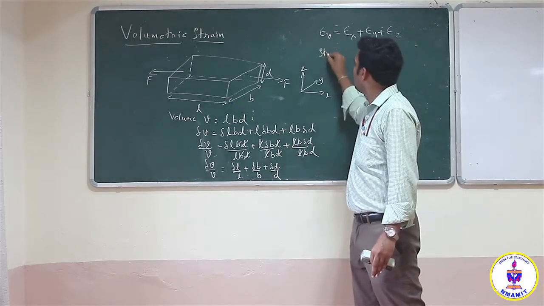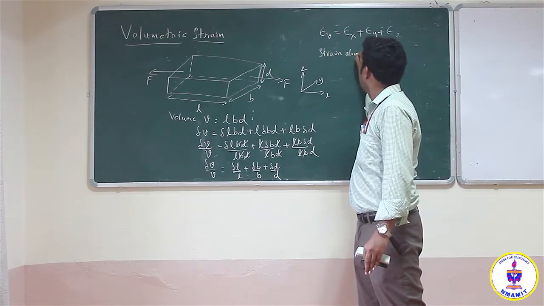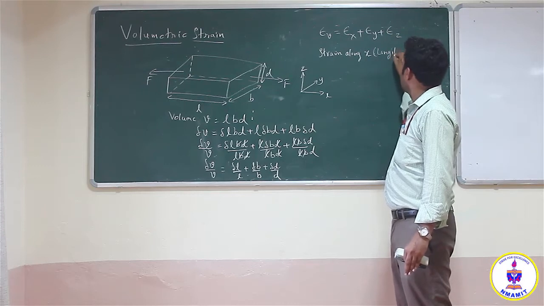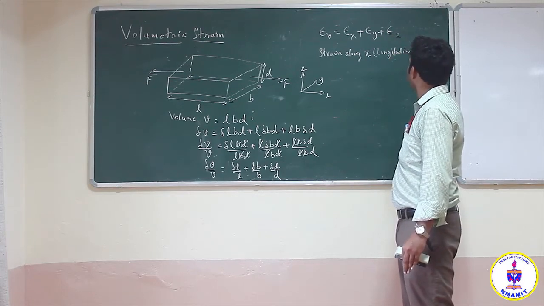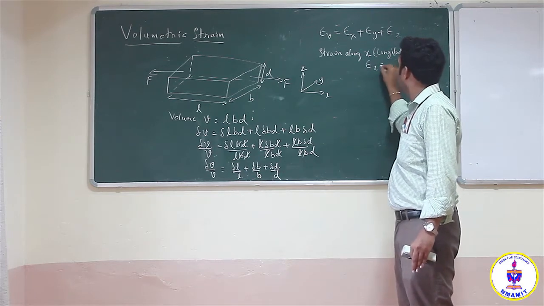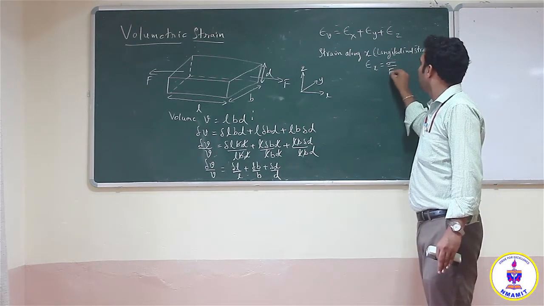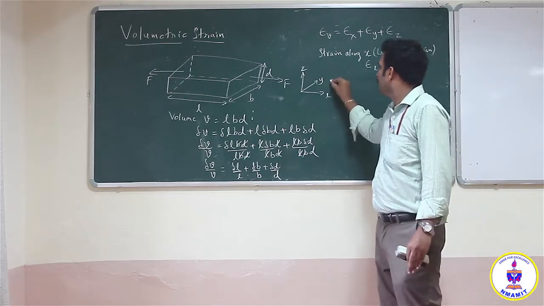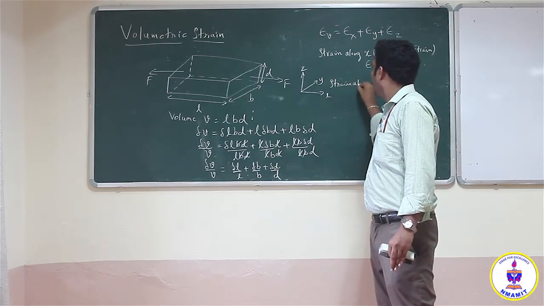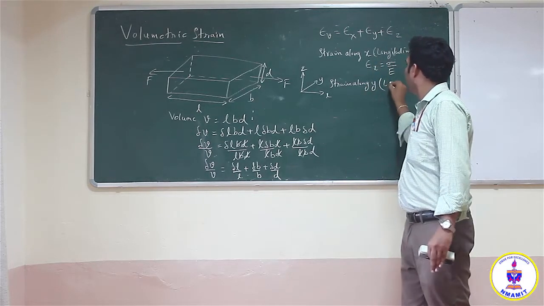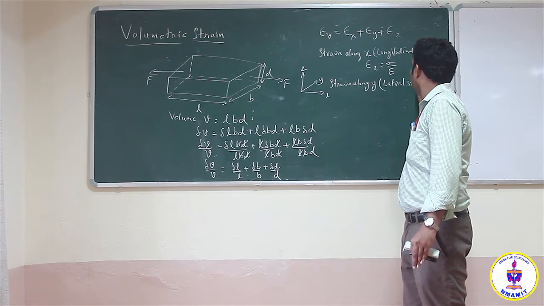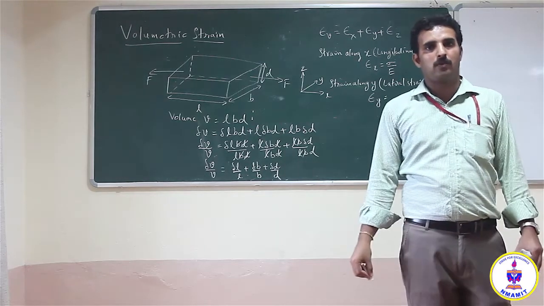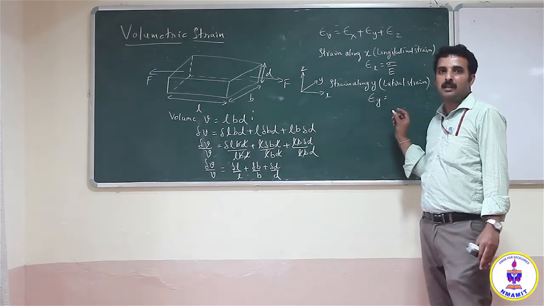Now the strain along X, which is the longitudinal strain, epsilon X, is given by sigma by Young's modulus E. The strain along Y, which is the lateral strain, epsilon Y, I can write in terms of Poisson's ratio, where Poisson's ratio equals lateral strain by longitudinal strain.